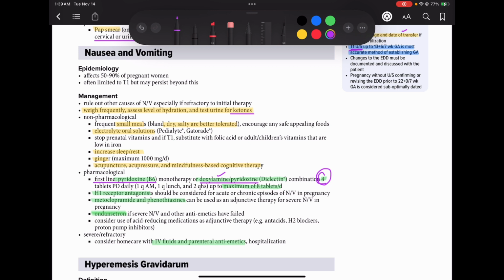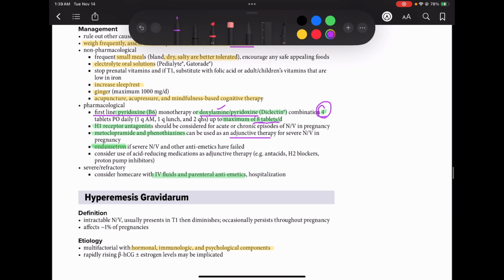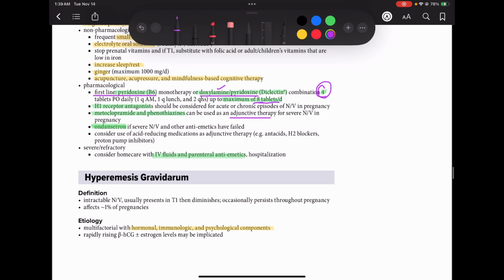But a maximum of 8 tablets per day you can take for Diclectin, right? First line is pyridoxine. Then we can also have an H1 receptor antagonist, I believe diphenhydramine, and then metoclopramide and phenothiazines can also be adjunctive therapy for severe cases. We can also use ondansetron, and then consider some acid-reducing medications as adjunctive therapy also.